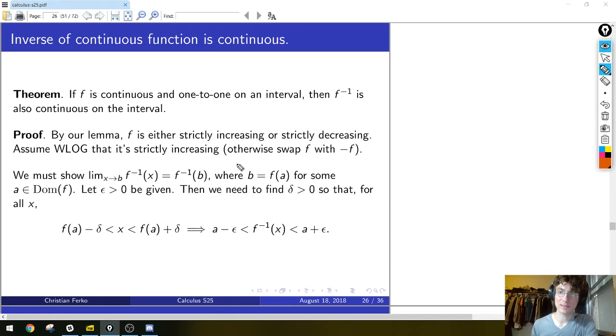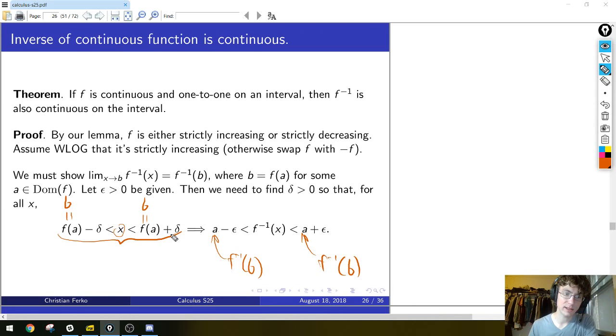So, I mean, it's hard to follow, but the first statement is that the input to f inverse, which is x, is delta close to f of a, which is b. So by the way, this is b. We need to prove that we can find a delta such that when this is true, then f inverse applied to x will be epsilon close to f inverse applied to the limit point in question, which is f inverse of b, which is a.